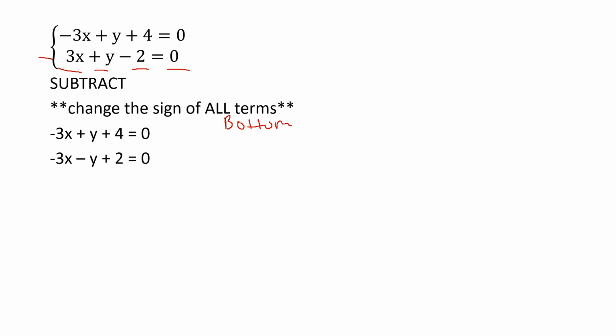And of course 0 doesn't have a sign, so it stays. So change the sign of all terms of the bottom equation, which is not hard, right? Here's the thing, there's a lot of steps here. None of them are hard. There's just a lot of steps here. Now from this point, we're going to do just like we did yesterday, okay?